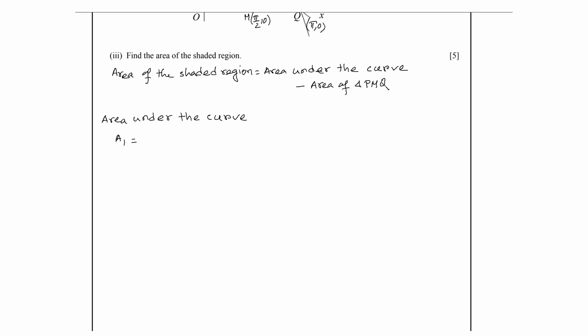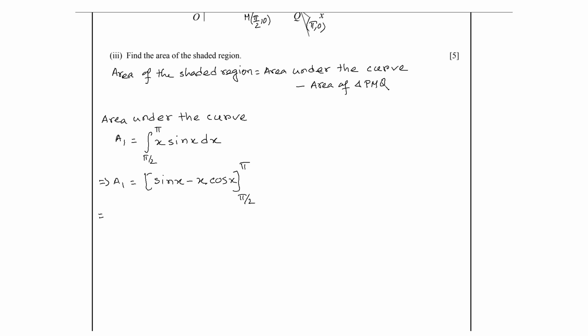So A1 will be the integration from x equals pi by 2 to x equals pi of x times sin x dx. But from the second part of this question, we know that the integration of x times sin x is sin x minus x cos x. So let's write A1 equals sin x minus x times cos x. Let's put the limits here, pi by 2, and here pi.